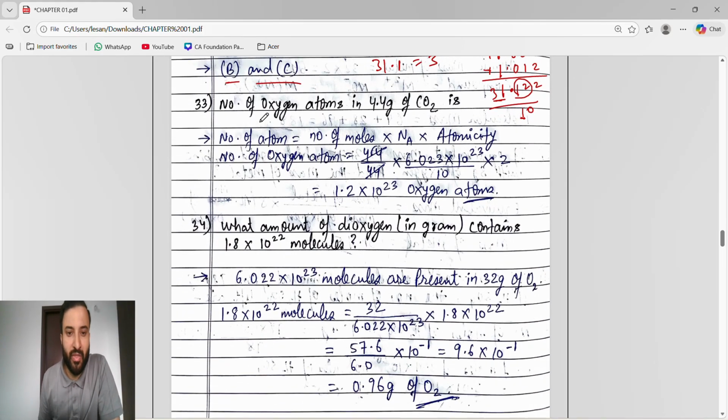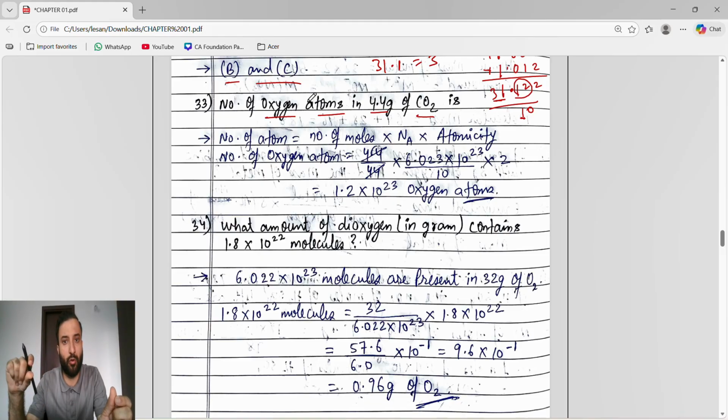Fine. Number of oxygen atoms in 4.4 gram of CO2. Guys, if you remember, I had given the formula to find the number of molecules and number of atoms. For finding the number of molecules, what you will do? Number of moles into Avogadro number. For finding the number of atoms, same: number of moles into Avogadro number into atomicity. Atomicity of what? Which atom we have to find.